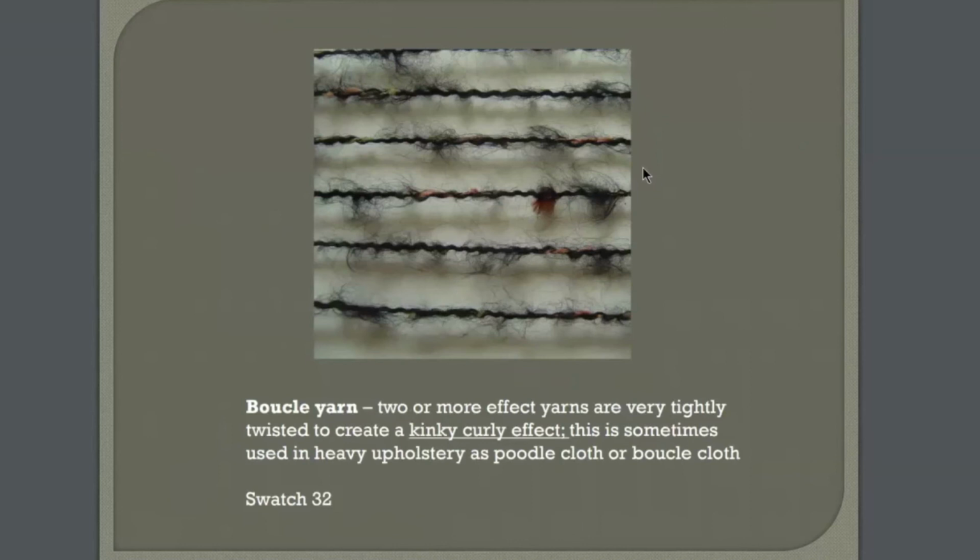This is sometimes used in heavy upholstery. In the 1950s, like collars on dresses and collars on jackets, it was called a poodle cloth. But in interior design, we often refer to it as a boucle cloth. So looking at swatch number 32.